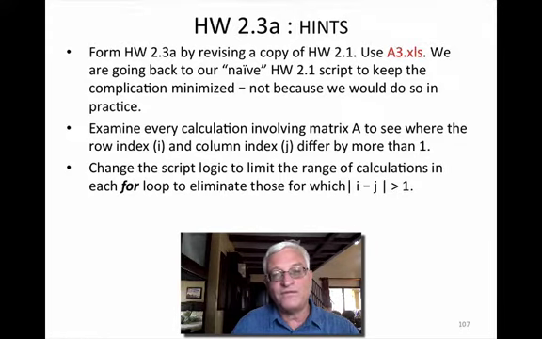Okay, now with that information, go to your script and limit the range of the for loops, because the for loops are going to go across all the rows and all the columns regardless of the relationship of i and j. But see if you can't improve the efficiency by limiting the scope of the for loops anytime the difference of i and j in absolute value exceeds 1.